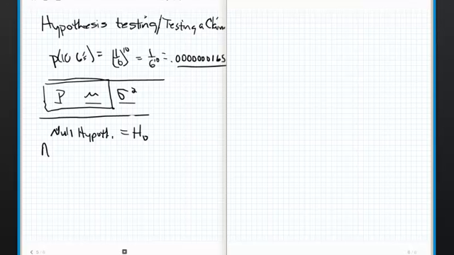And then there's the alternative hypothesis, which is sometimes written as H sub A, but usually you'll see it written as H sub 1. All right? Now, there are only two hypotheses in hypothesis testing.